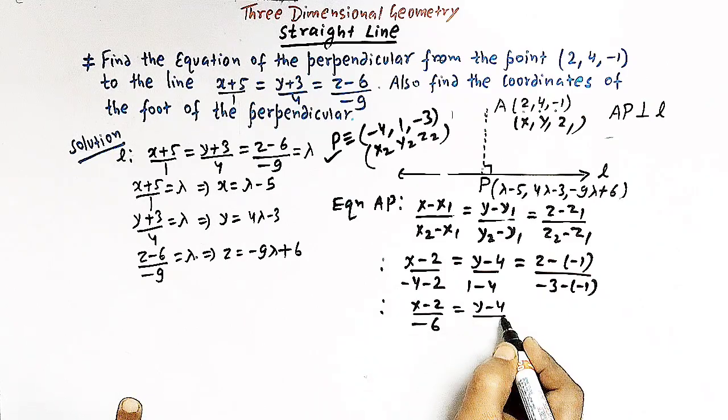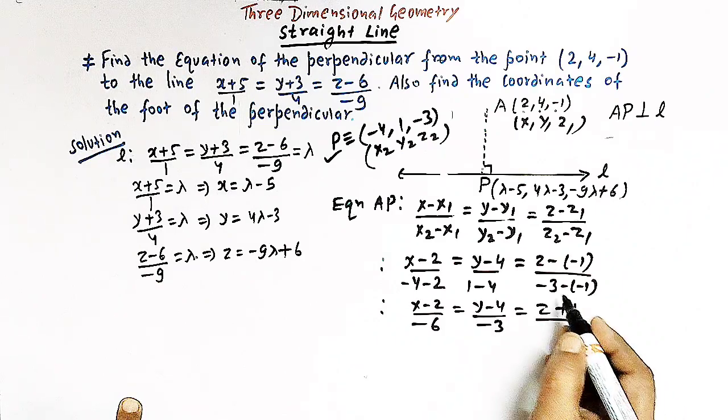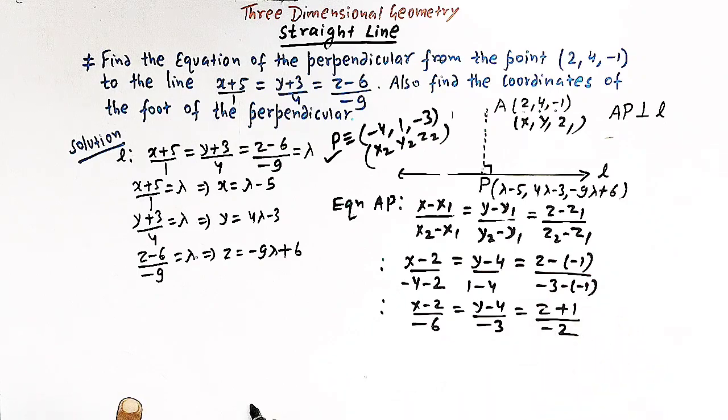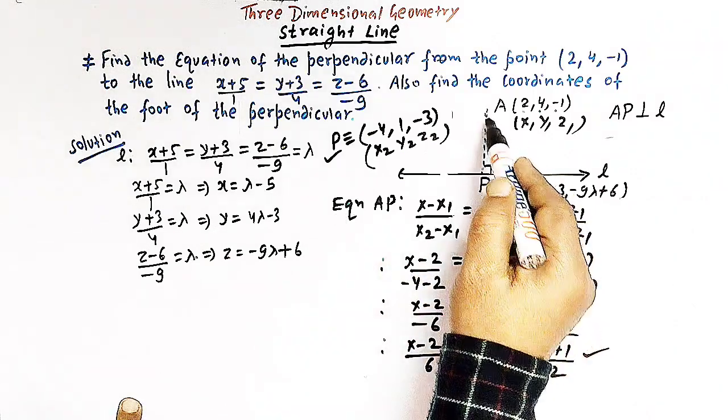This is y minus 4 over minus 3, and then we have z plus 1 over minus 3 plus 1, that is minus 2, right? And here we can see that these denominators have the negative sign. So eliminating this negative sign by multiplying throughout by minus 1, we can also write x minus 2 over 6, y minus 4 over 3, and z plus 1 over 2, right? So this is the required equation of this perpendicular AP.